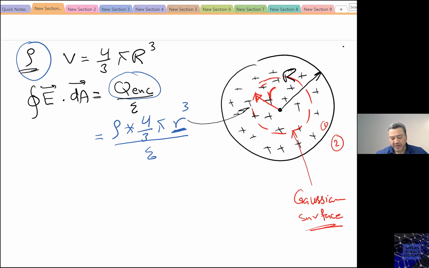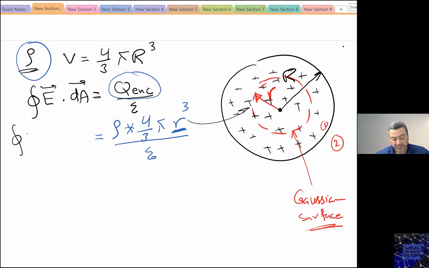And here, similar to what we have done in the last lecture, we can see that this electric field is parallel with the differential element, and this is the dot product. Both of them are r hat.